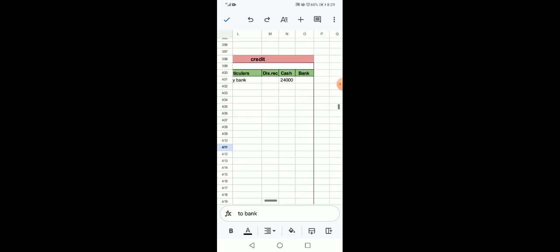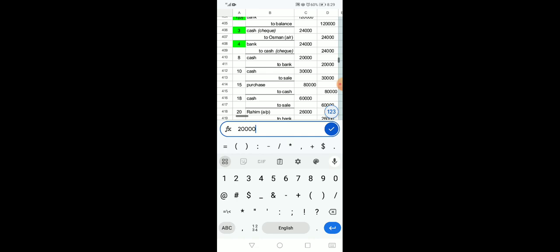In 8th entry, there were two elements. Cash has been posted. Now second element is bank. Bank is credited by 20,000. You will go to the credit side of the bank and will put 20,000 in bank column. Now see its reference. What is written on opposite side of bank? That is cash.